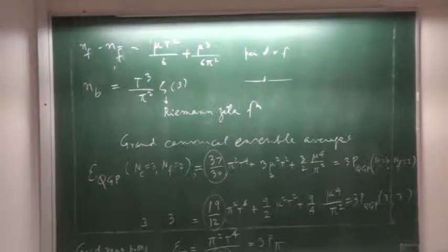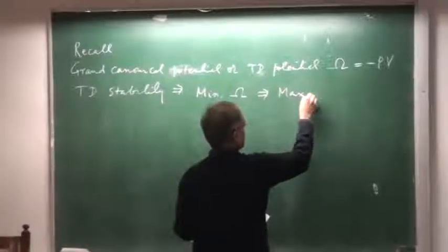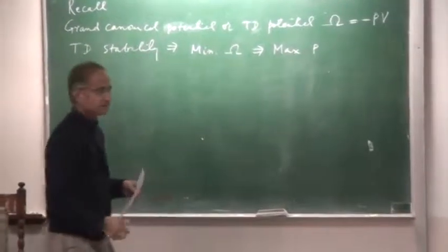The grand canonical potential or thermodynamic potential, which is denoted by omega, is equal to minus PV. What do you need for thermodynamic stability? Should it be maximum, minimum, or what? Omega should be minimum, and that implies, because there is a negative sign over there, that pressure should be maximum.